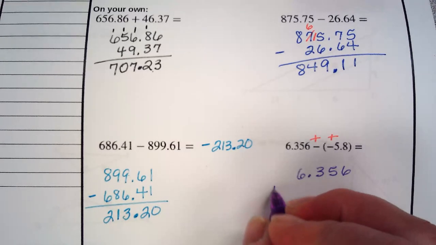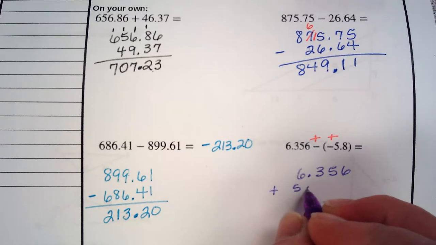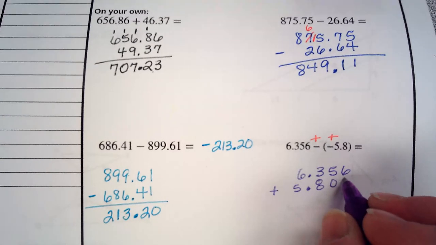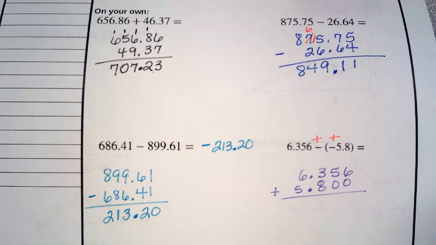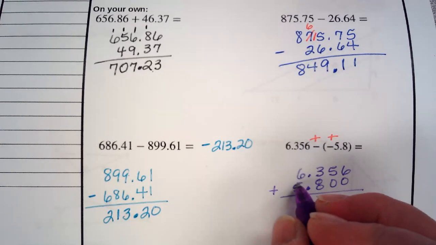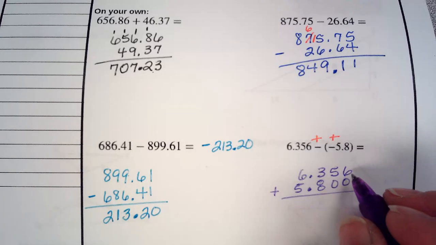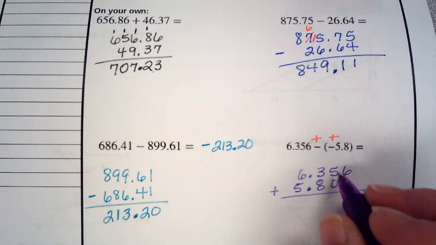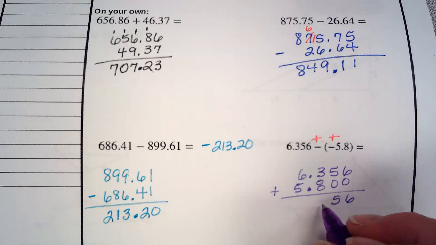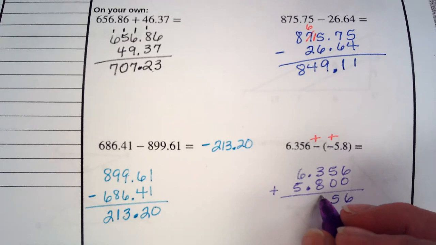6.356 plus 5.8. Once again, I need those two placeholders. I've got everything in columns nice and straight. I can now add. 6 plus 0 is 6. 5 plus 0 is 5. 3 plus 8 is 11.